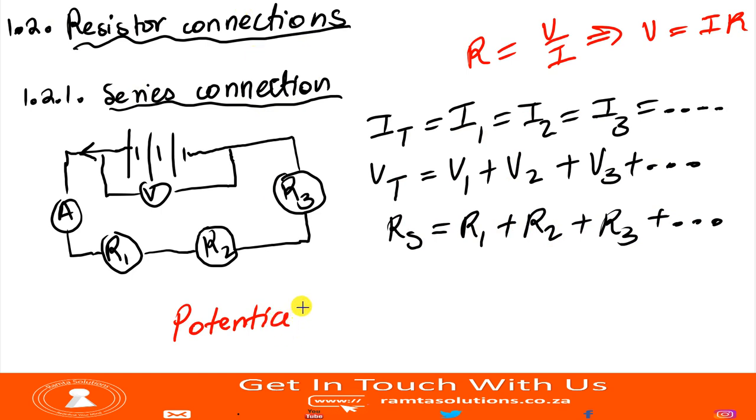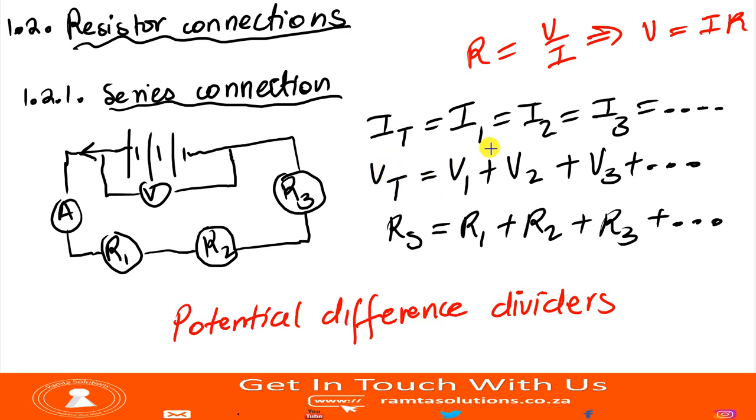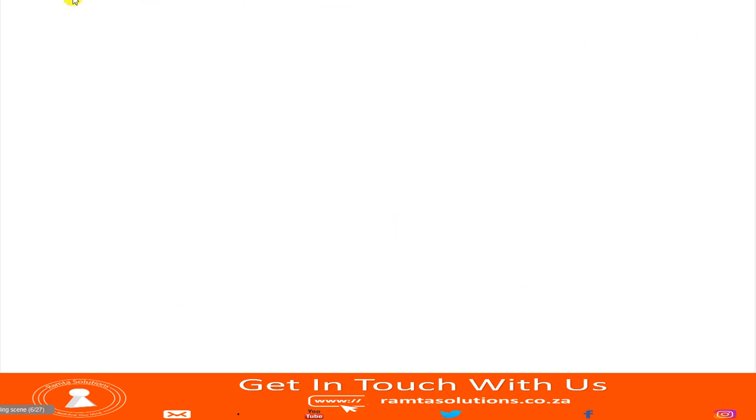Why did I say that? Current is not split, but potential difference is split amongst the resistors connected in series. This is what we need to know. It's important.